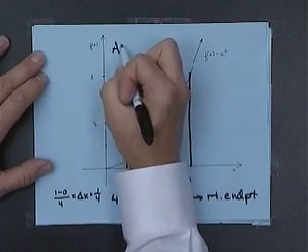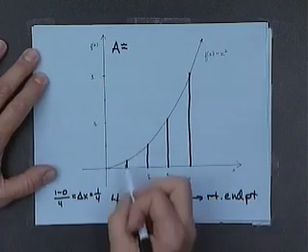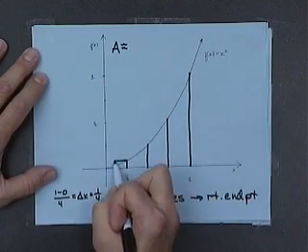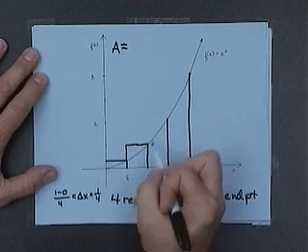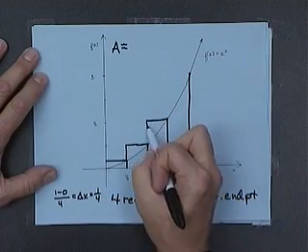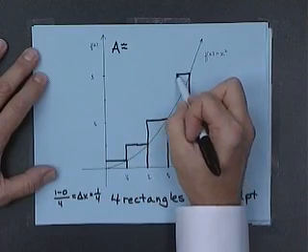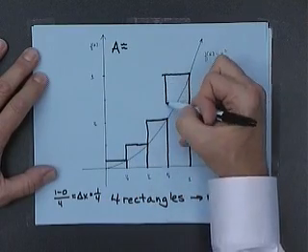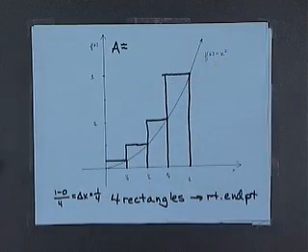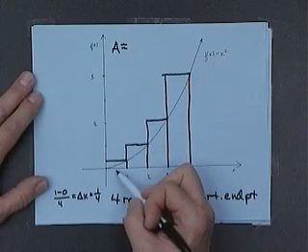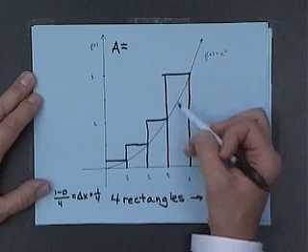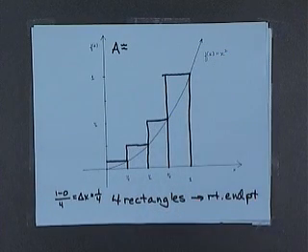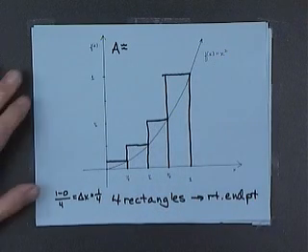So the area, we're using the right endpoint again. So I'm hoping, and I think we'll find this to be true, that even though we've got some overlap, it's less severe than it was when we had just 2 rectangles.